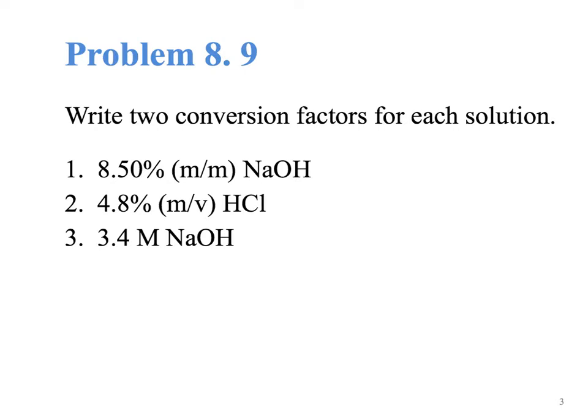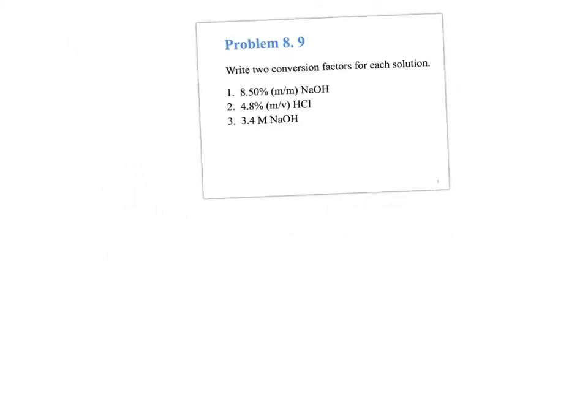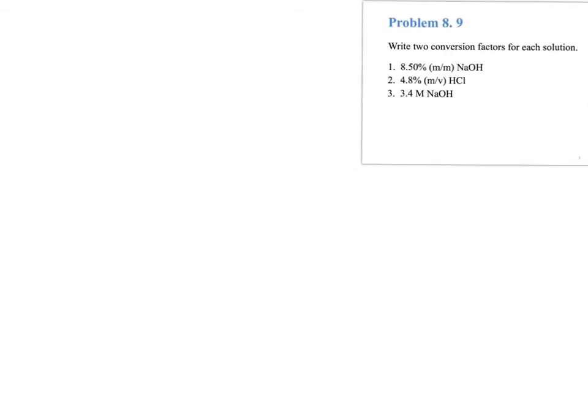This type of problem that we're doing now is to understand that each one of these can be used as a conversion factor. So we're going to write 2 conversion factors for each one of these solutions. All right, so we're going to start with the first one. We have a solution that is 8.5% mass over mass.